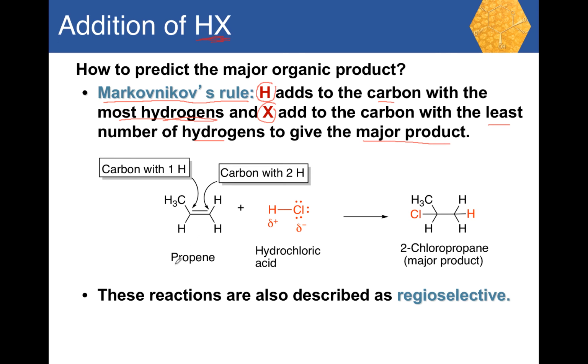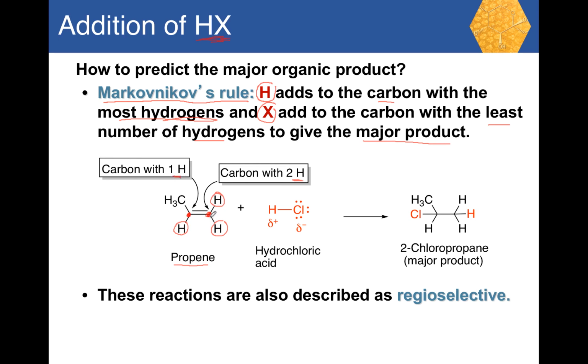So here is propene. We'll have to look at both carbons of the double bond. This carbon has two hydrogens, 1, 2. So it is the carbon with two hydrogens. The other carbon here has one hydrogen. So this is the carbon with just one hydrogen.